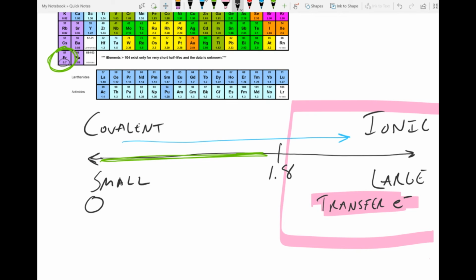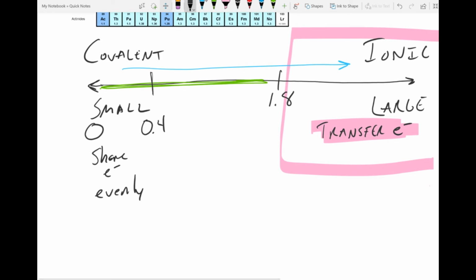There's a secondary cutoff in the covalent area where, at a difference of around 0.4, you share electrons evenly. And so that in itself is something called a non-polar covalent bond.